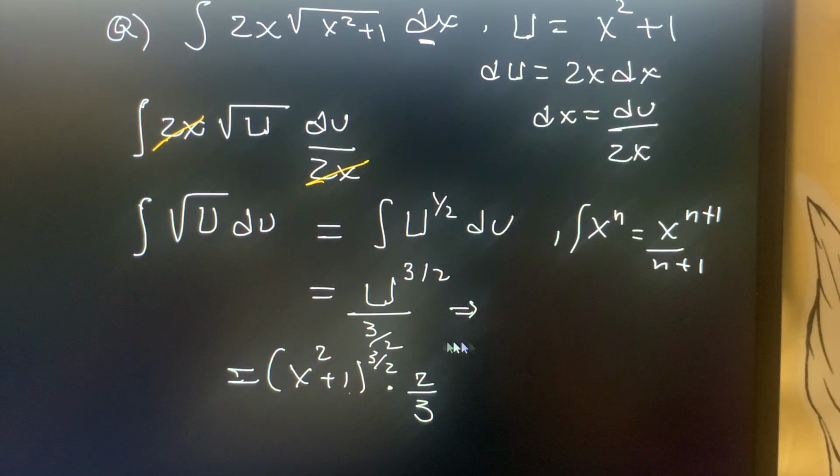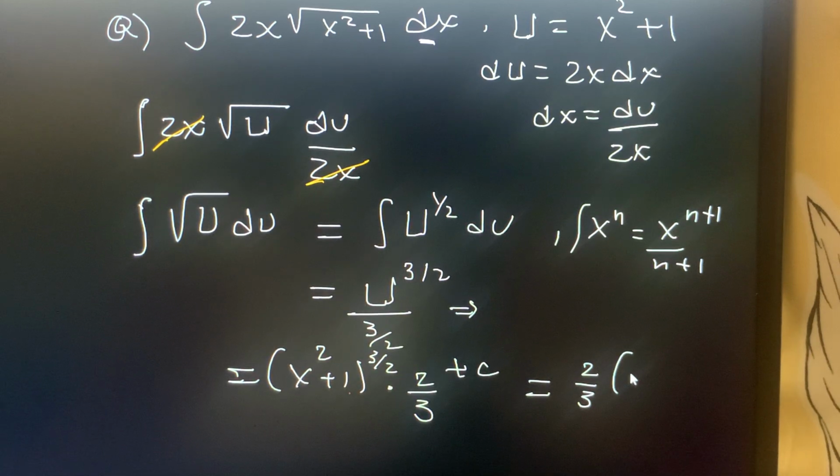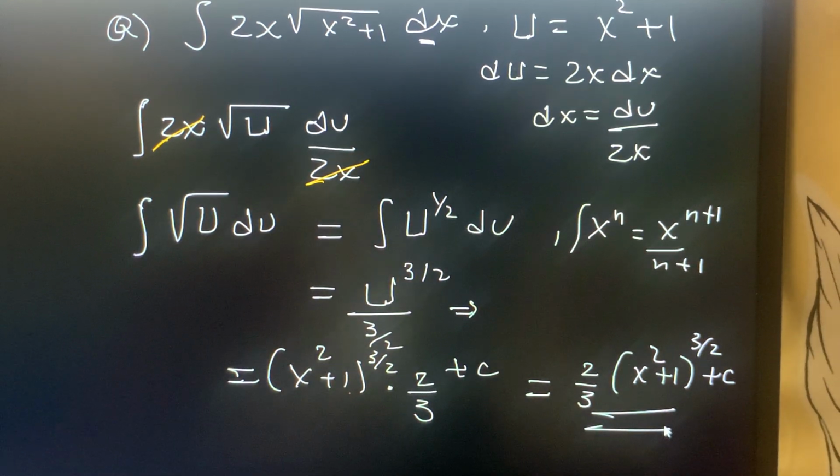Finally, plus c, the constant. I can rearrange this as 2 over 3 times x squared plus 1 to the power of 3 over 2 plus c, which is my final answer.